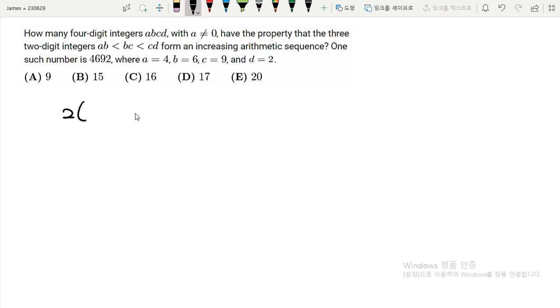And for the tens digit, we need to multiply by 10.